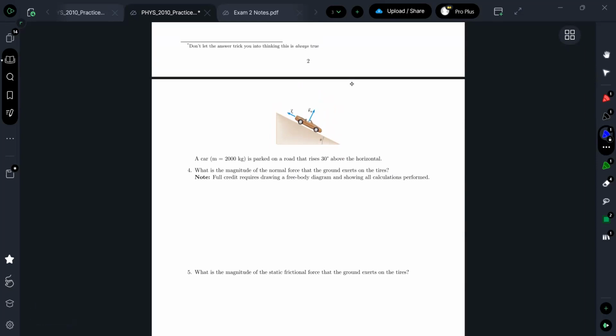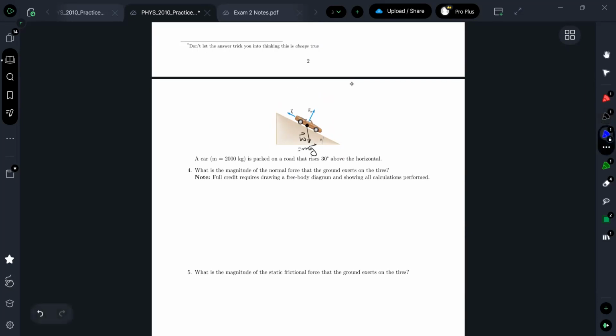Before I want to know the magnitude of the normal force, I don't really care. I want to fill in my table before I'm concerned about what I want to find. To do that, if I haven't drawn a picture and it's not given, I should draw a picture. Here I've got one. So now I just figure out if I've got all my forces there. I need the weight, that's mg.